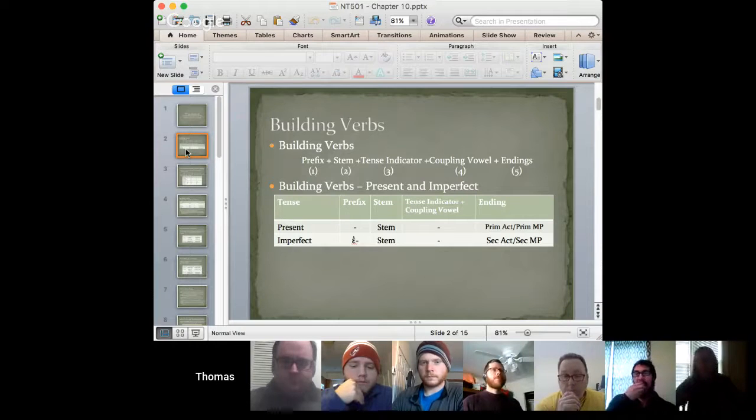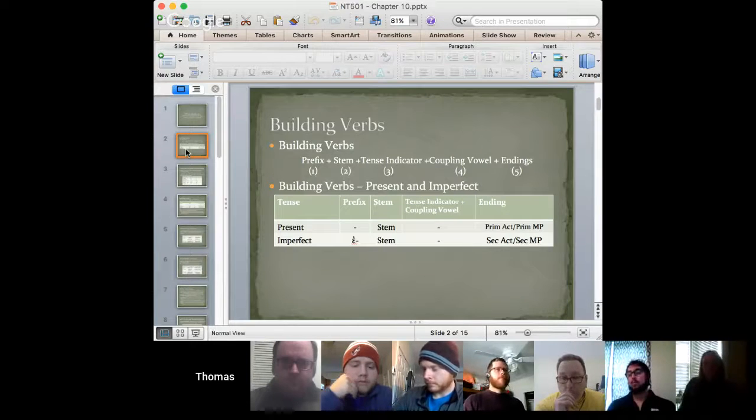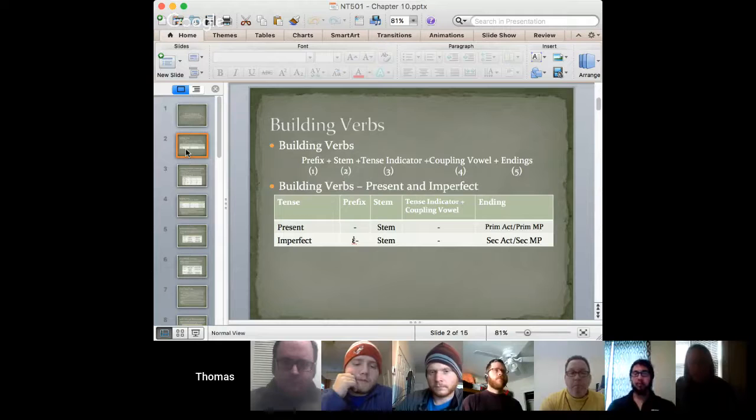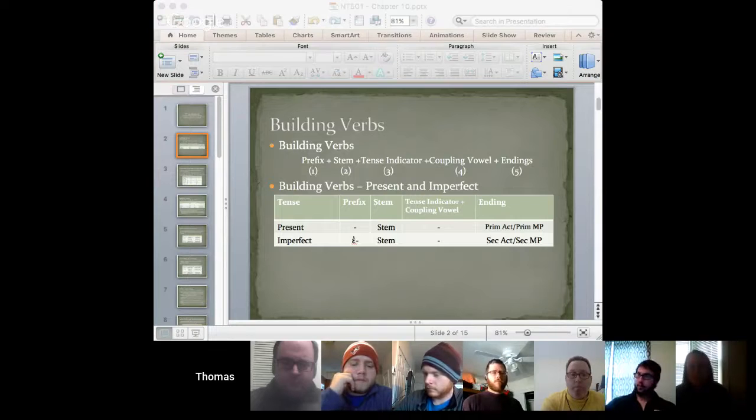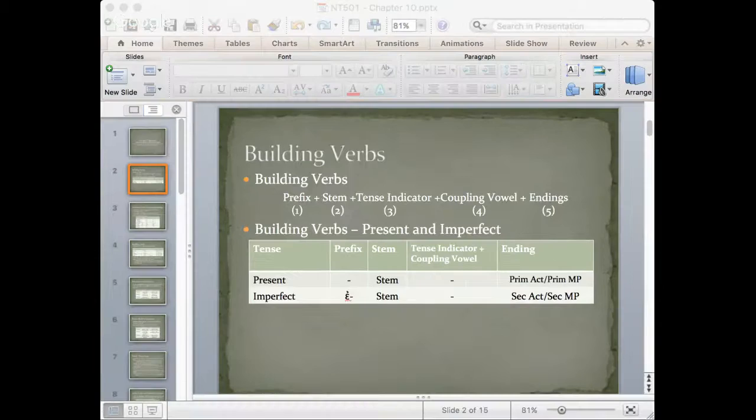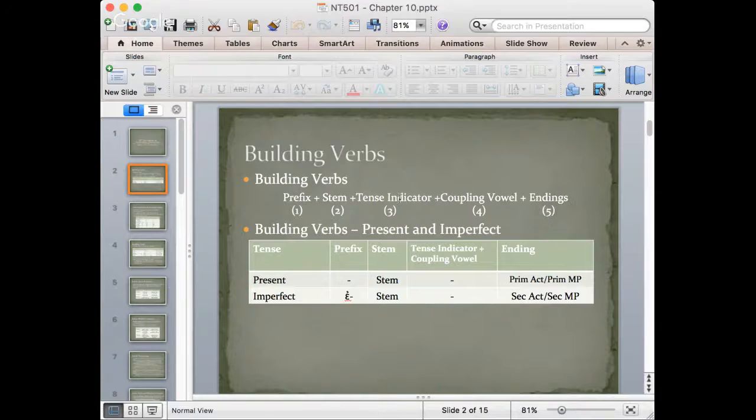Or imperfect, where we use secondary active, secondary middle passive, which is type 2 or type 4. That's going to hopefully pay off here soon. You can see I've laid out in this chart the present and imperfect, and as we add things, we're just going to be growing this chart.